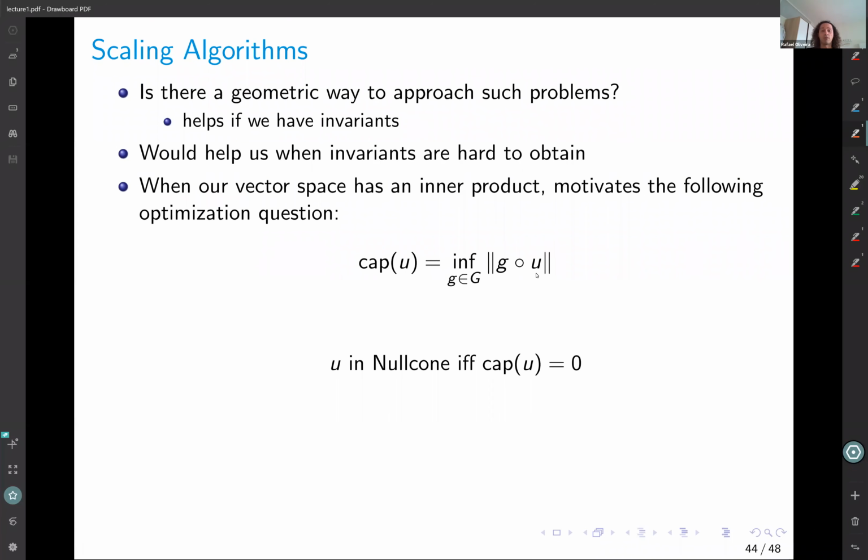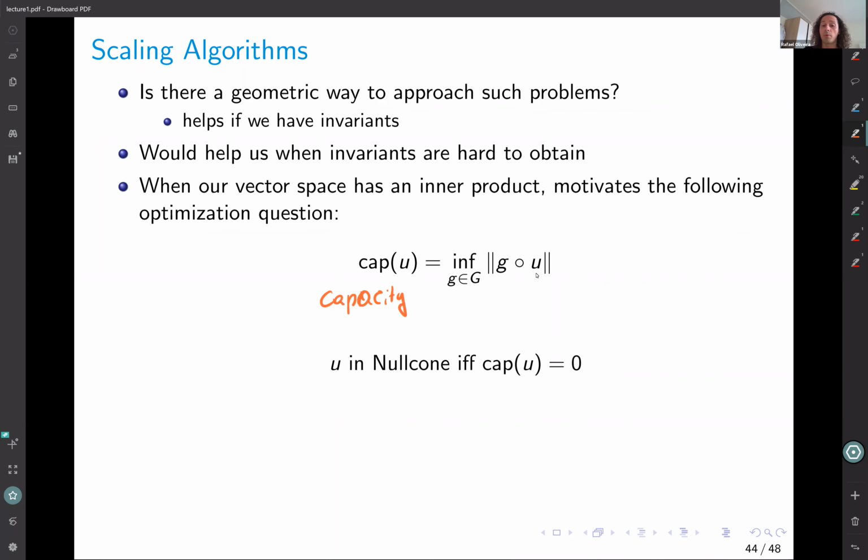So again, when our vector space has an inner product, we were motivated by the following optimization question, which I'm going to call the capacity of an element of the vector space. The capacity of u is the infimum of this optimization problem. And now we know that u is in the null cone if and only if the capacity of u is equal to 0.